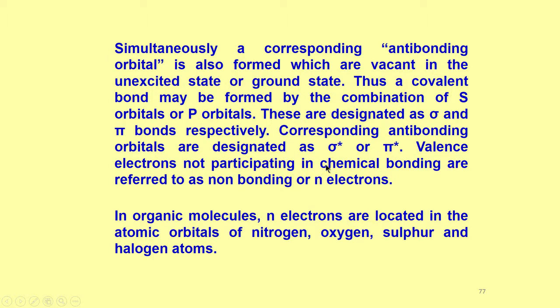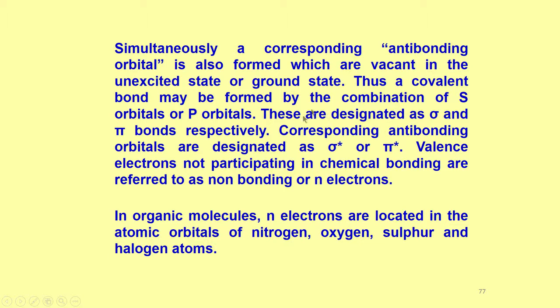Valence electrons not participating in chemical bonding are there in several compounds we come across daily. For example, oxygen in water has only 2 bonds, H2O, HOH. Now oxygen has another 4 electrons extra.